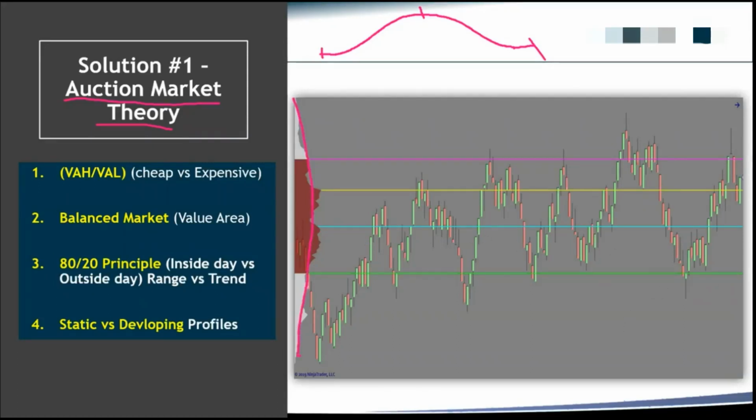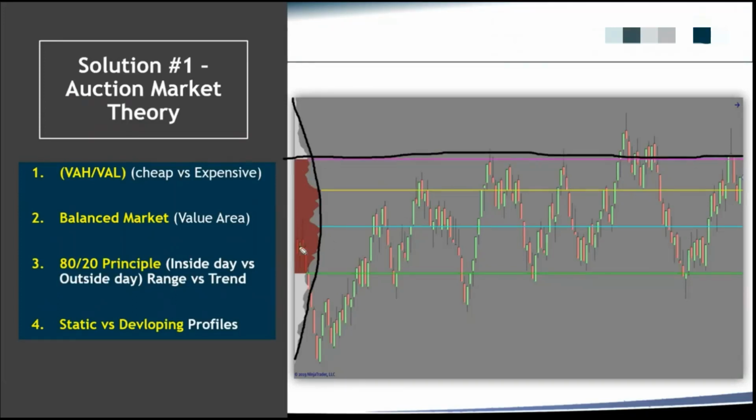Let's change this out a little bit. Different color, like that, okay? Now, what we do with volume profile is we break down what we consider the value areas. Now, I'm just going to do this super basic. Keep it simple. It doesn't need to be difficult, traders.